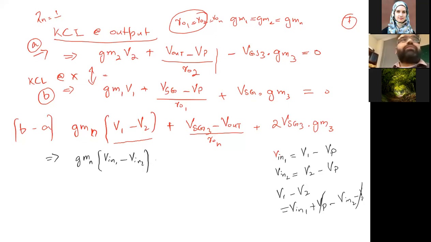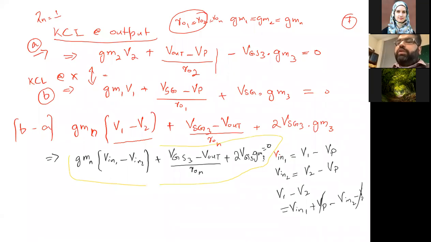Then something comes which is equal to VGS3, whatever the expression, VGS3 minus V out over RON, plus 2 times VGS3 times GM3 equals 0. Okay, so let's hold this one.